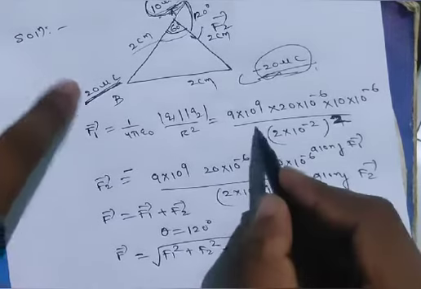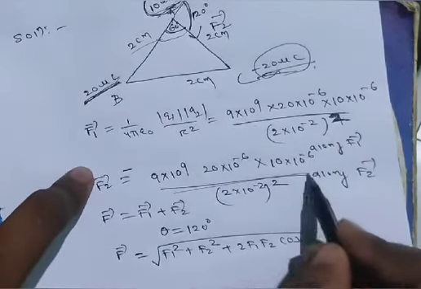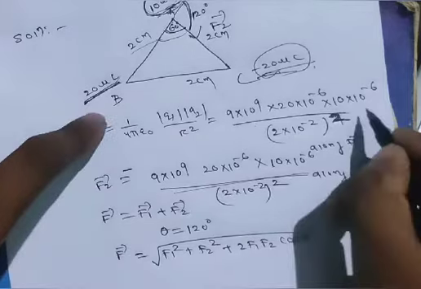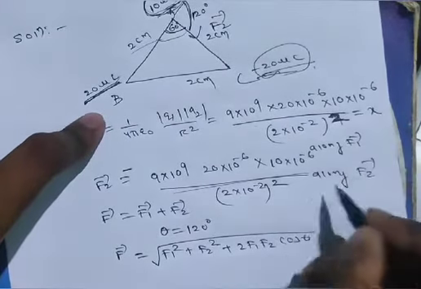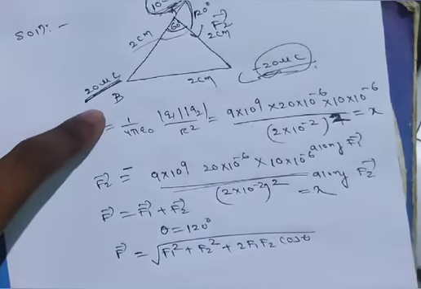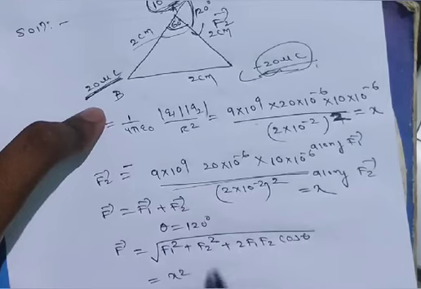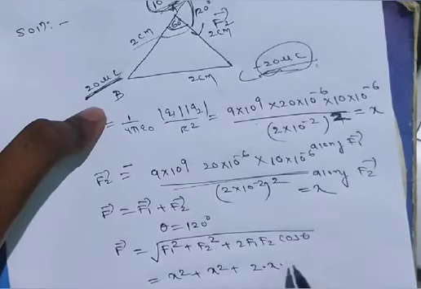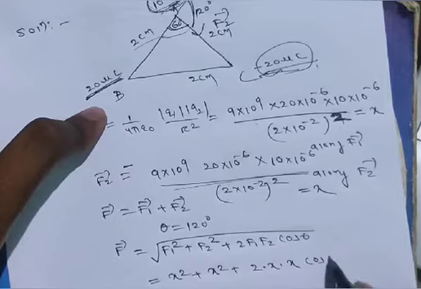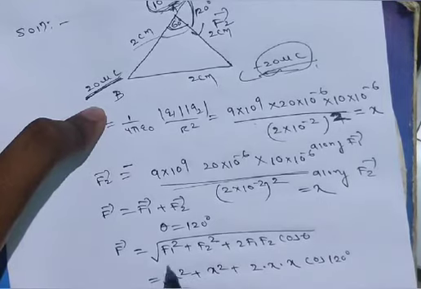The magnitudes of F1 and F2 are the same, so we can simply take each to be x. F1 square means x square, F2 square means x square, 2 F1 F2 means 2 x square, theta is 120 degree, all under root.